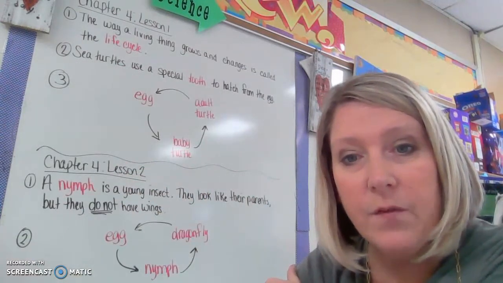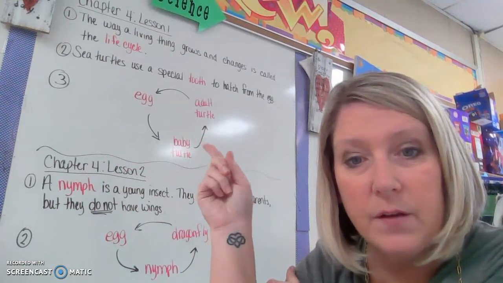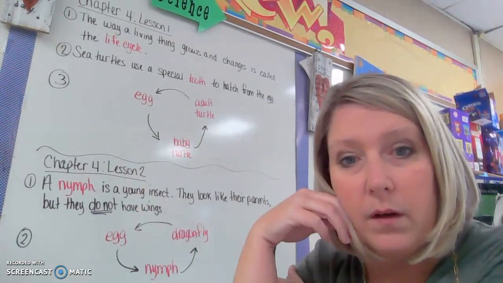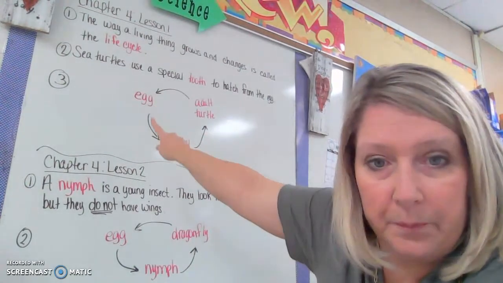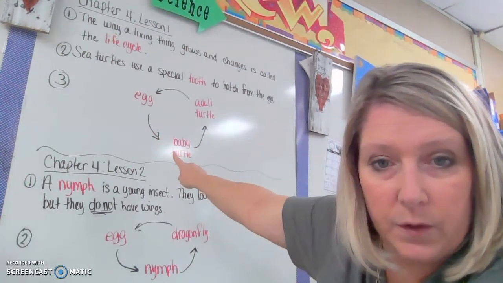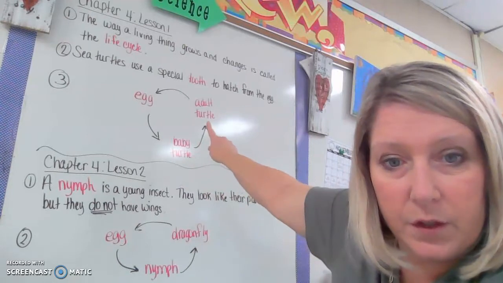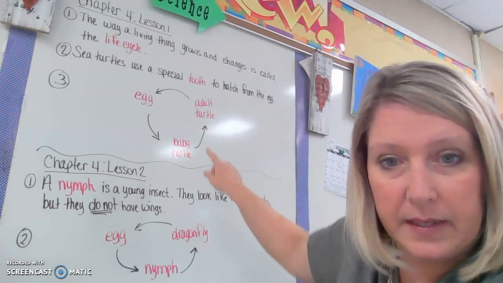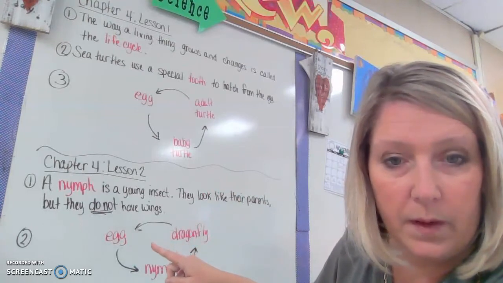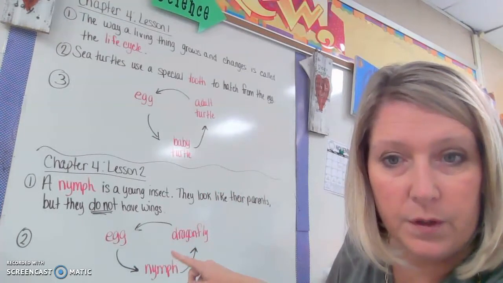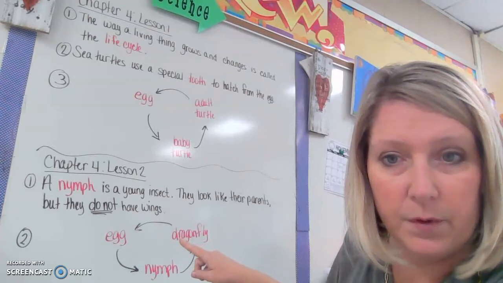It'd be just like if we did it on our life cycles that are here on the board. Okay, the egg for the sea turtle would be 1, baby sea turtle would be 2, and the adult would be 3. And same thing for down here on the nymph. The egg would be number 1, nymph number 2, dragonfly number 3.